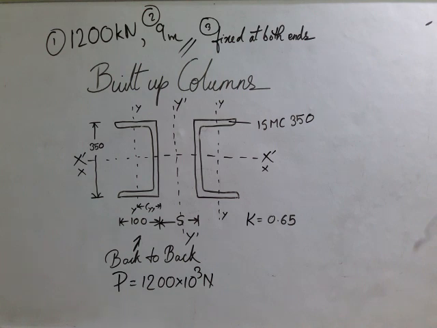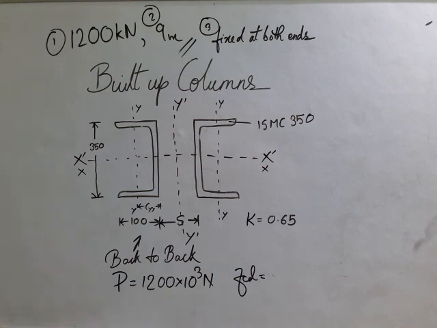Then what we will do is we will assume a design compressive stress, which is FCD. Now FCD, when we assume, there is no specific rule in any book about what value you need to choose.